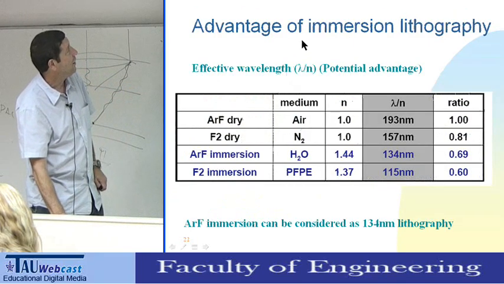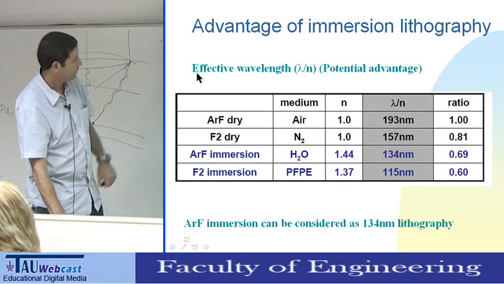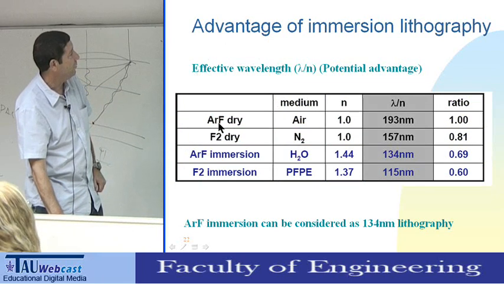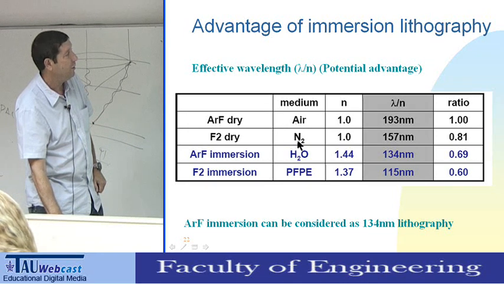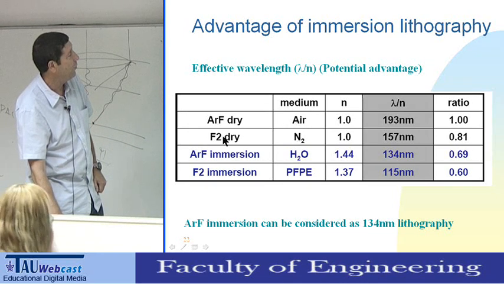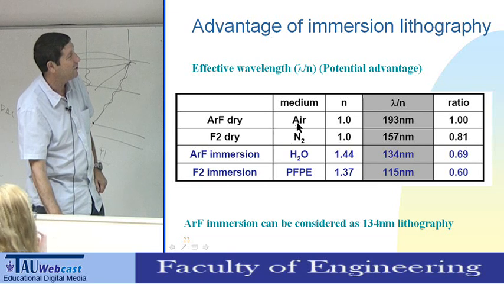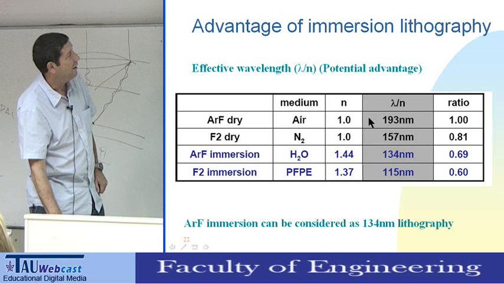So the advantage of immersion lithography: in argon fluoride dry and F2 dry, the medium here is air. With the fluorine laser, you need N2. You cannot just use regular air. n is equal to 1. Lambda over n here is 193, 157, because n is equal to 1, and you improve by a factor of 0.81.